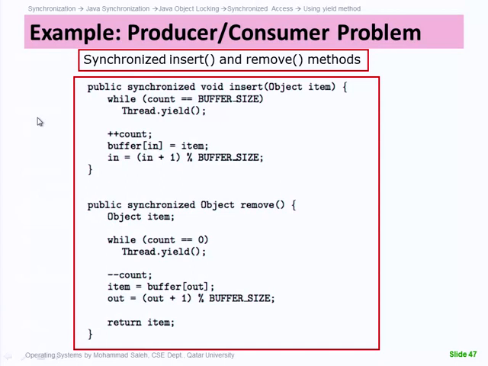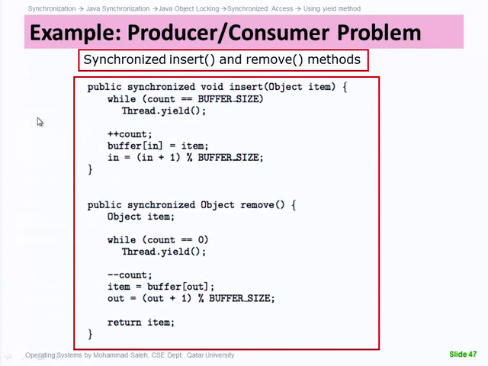However, here I have a situation which is not desired. For example, in the while loop, instead of using a busy wait, we said we want the thread who can't proceed, for example here a producer who can't insert in the buffer, to be suspended to give a chance to other threads to change that situation, which is a full buffer.